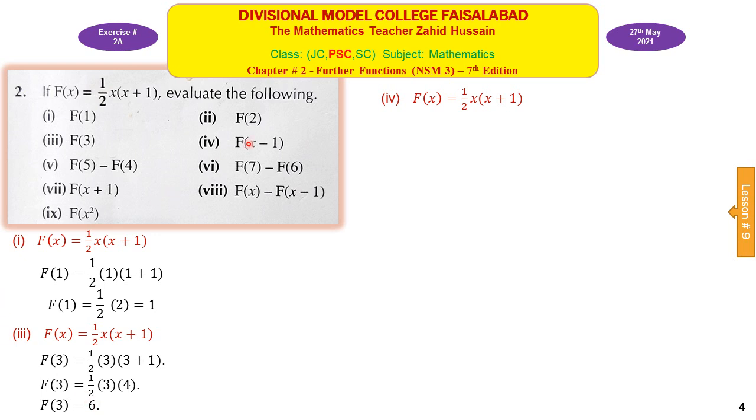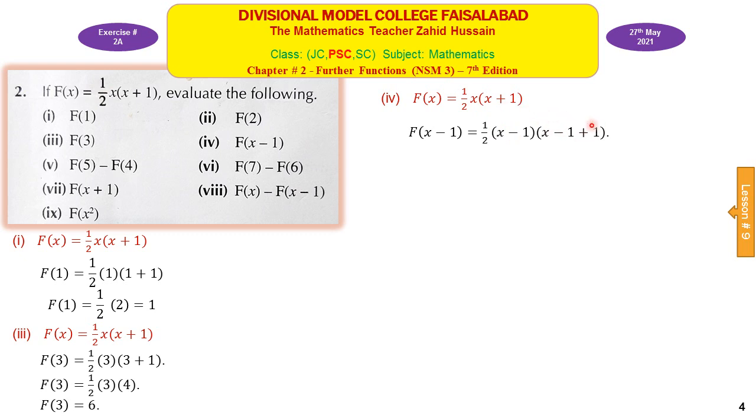In fourth part, you are asked to find the value of function f when x is equal to this. That is, you are asked to find a function where x is equal to x minus 1. So in this function, we will replace all x's with x minus 1. This x is replaced with x minus 1, and this x is replaced with x minus 1, and plus 1 is there.